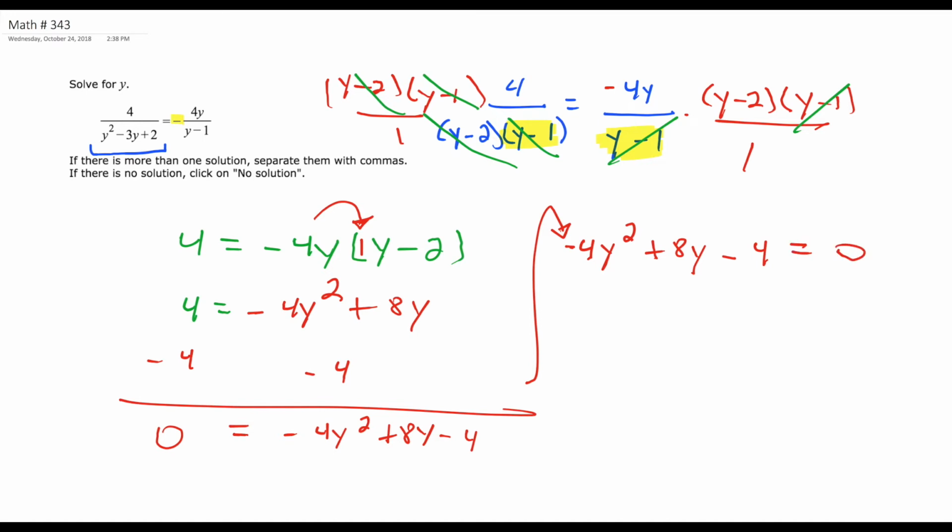But if you ever end up with a negative in the front, you don't want to have that. So what you want to do is you can think of it as multiplying by negative 1, but what that means is you're going to just change everything to opposite signs. Okay, so then what do you get?